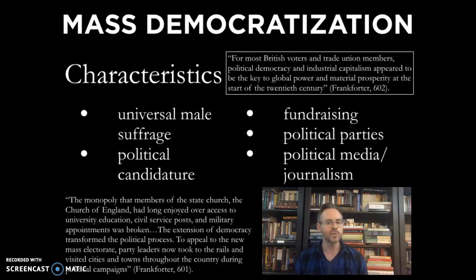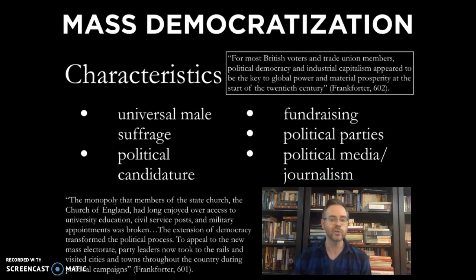So most ministers of parliament had a title and had land. Political candidature made it possible for bourgeoisie, untitled, and unlanded gentry to have positions of political influence.